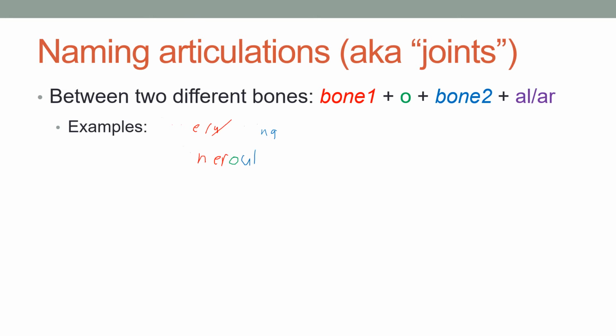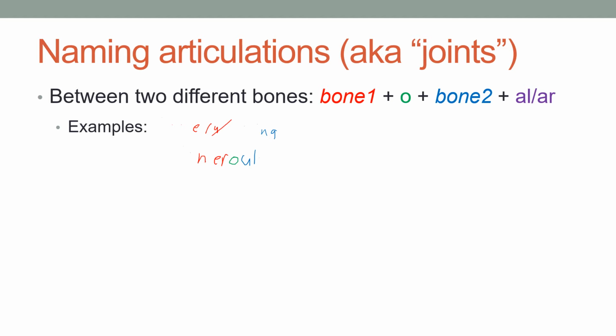Then we'll take ulna and convert it into its adjective form in Latin. If you remember from our very first unit where we learned the names of the regions of the body, we had brachial and acromial and femoral. All of those things ended with an AL or an AR, and that's how you make an adjective in Latin.